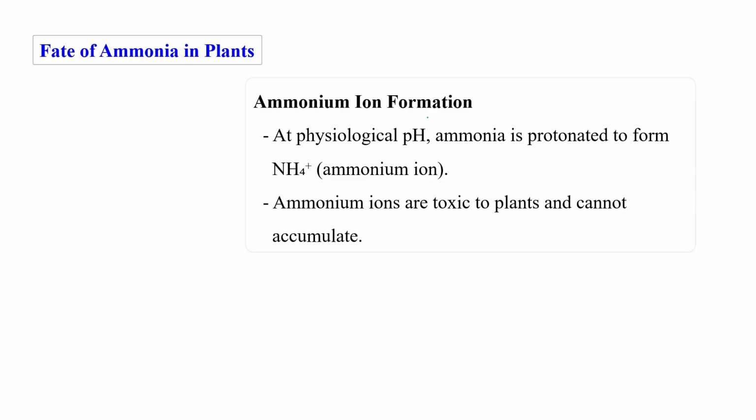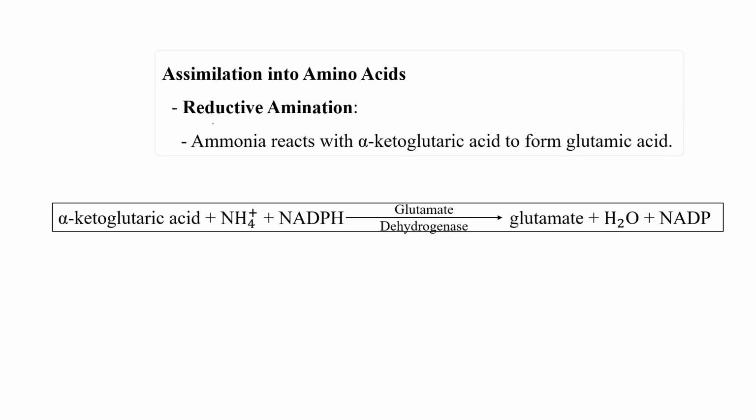Now, ammonium ion formation. At physiological pH, ammonia is protonated to form ammonium ion, and these ammonium ions are toxic to the plant and can't accumulate. So this ammonium ion very quickly reacts with alpha ketoglutaric acid in the presence of glutamate dehydrogenase, and NADPH is utilized as an energy source.